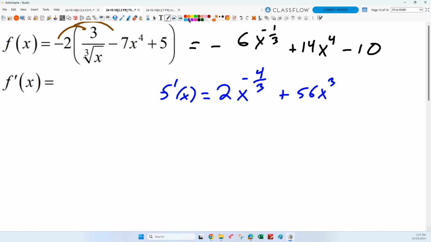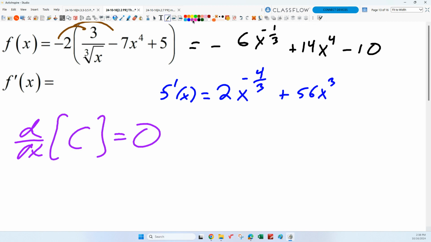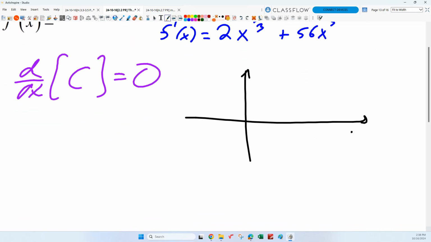The derivative of a constant, it's just a general rule we have. We're going to add this to our list of derivative rules that we memorize. This is a really simple one. The derivative with respect to x of a constant is always 0. Think about why that is. If I look at a graph of the function y equals c, it's a horizontal line.